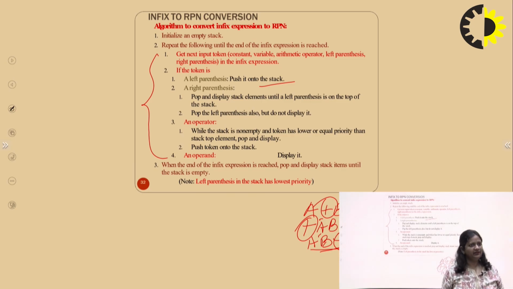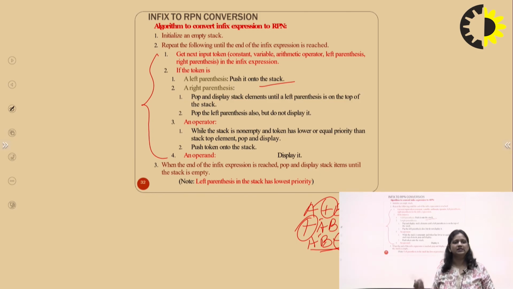When our right parenthesis is encountered, we pop, that is delete, and display all the stack elements until the left parenthesis is on the top of the stack. Pop the left parenthesis also, but do not display it.